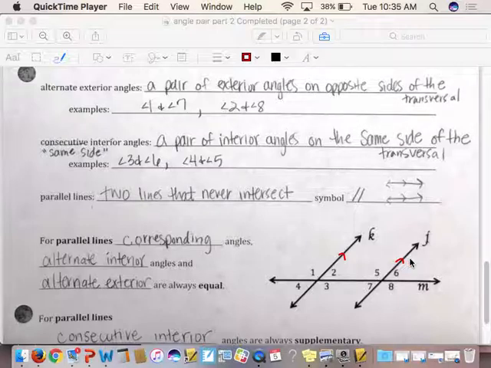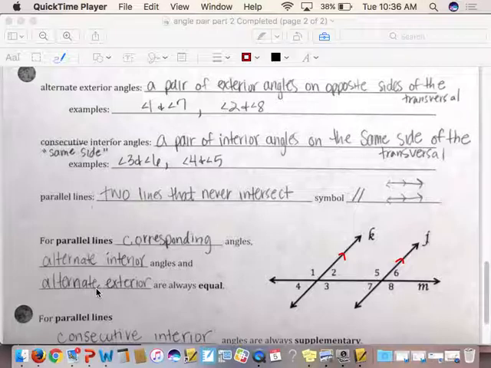And here are the very important things that you need to know. When these two lines are parallel, and M is your transversal, M is the transversal crossing through K and J, you create a bunch of equal angles. And those names are corresponding, alternate interior, and alternate exterior.